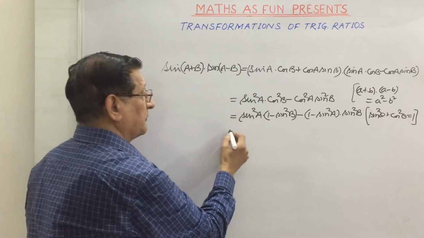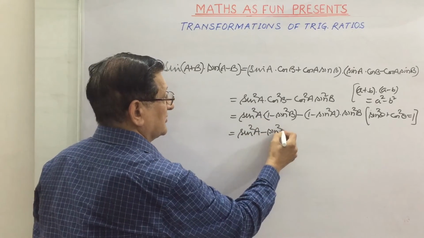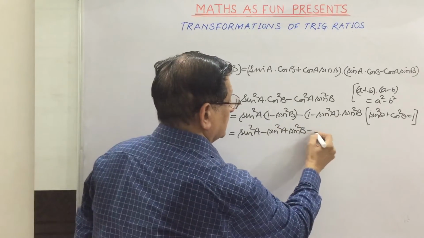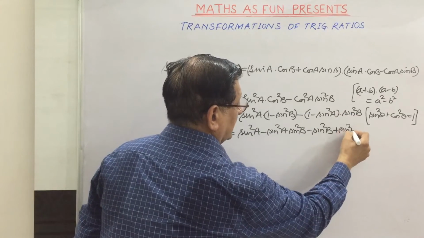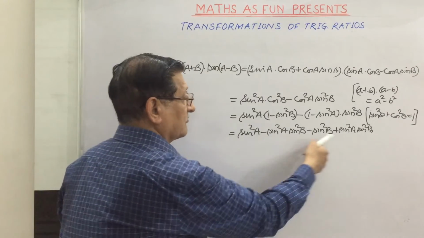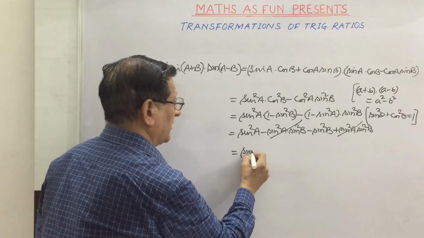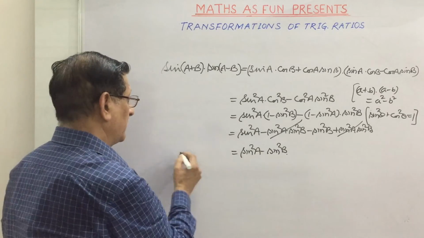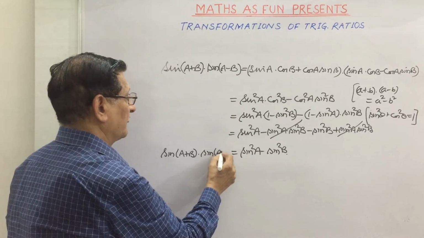If we multiply them and simplify, we are getting sine square A minus sine square A into sine square B minus sine square B plus sine square A into sine square B. This is negative, this is positive, they cancel. And we got the formula now, that is sine square A minus sine square B can be written for the product of sine (A plus B) and sine (A minus B).